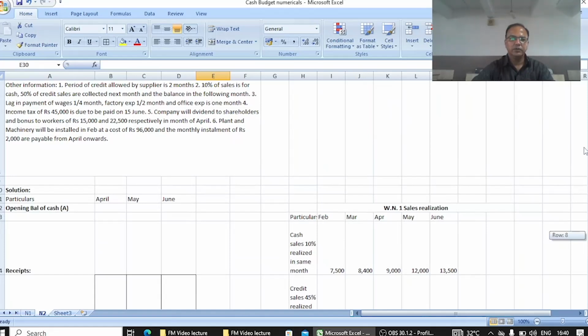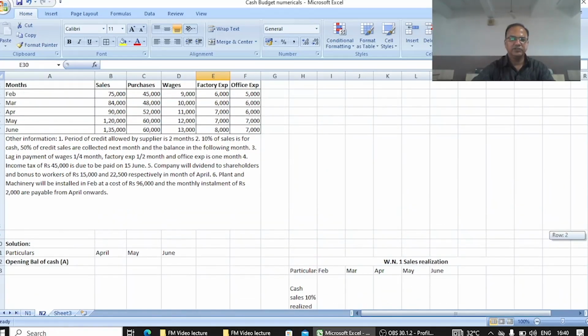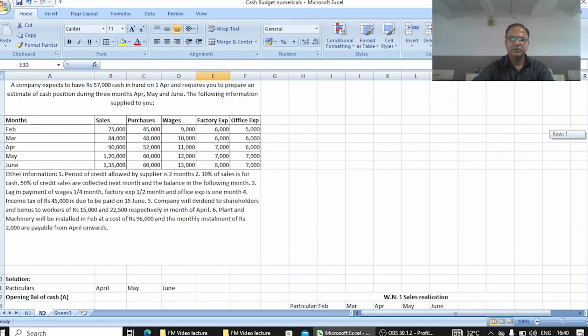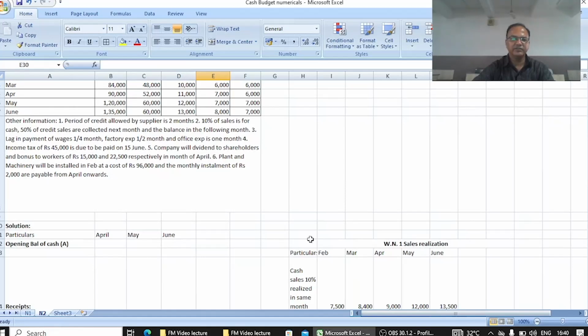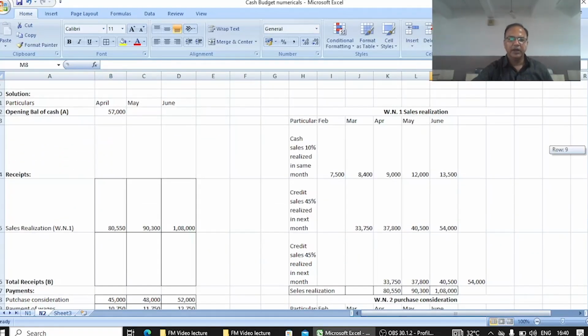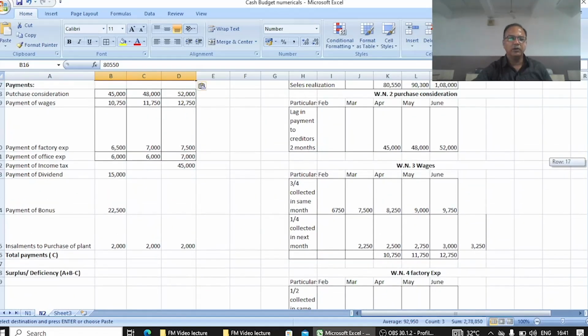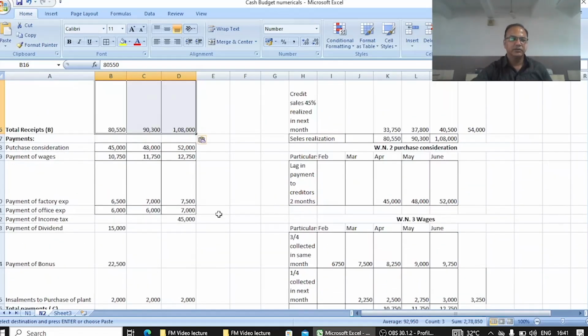Now, first information about the cash in hand on 1st April is 57,000. So right here 57,000 opening balance of cash. Now, in receipts, we have 80,500. So, figures will be same here. Now, add all payments.